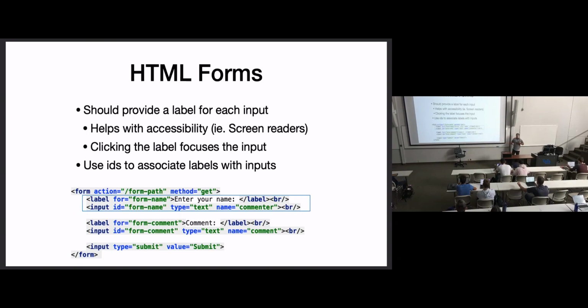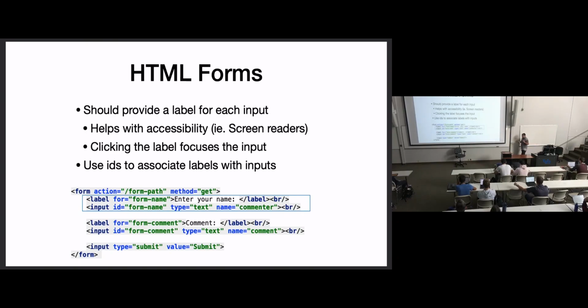I could just put the text, enter your name, right next to the field, and then when the page renders, I'm going to have that text right next to the form. You know, people are going to get the idea. But not in all cases. So for example, if somebody's using a screen reader, the label with the for makes sure that the screen reader reads that label as part of that input.